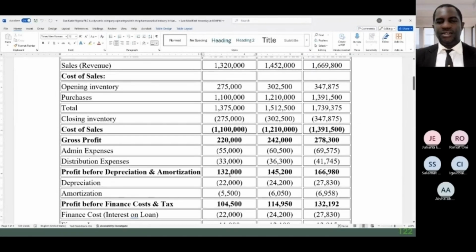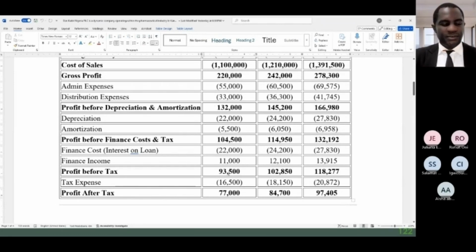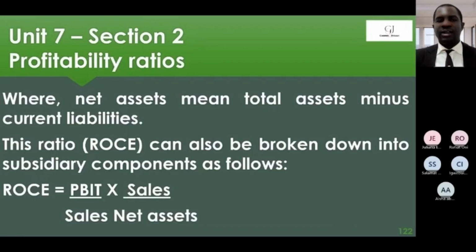Some of us are doing the computation ourselves, that's why we're waiting for the figures so that we can continue. So that's a brief update on why you are hearing everywhere quiet. We are just crunching numbers and trying to calculate the return on capital employed.